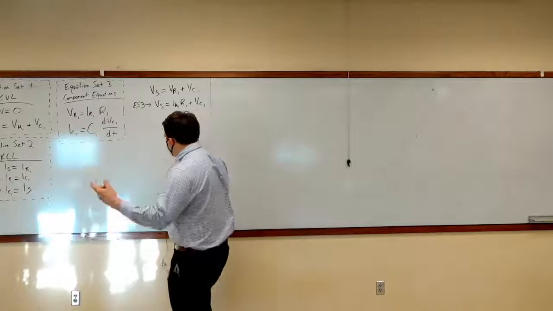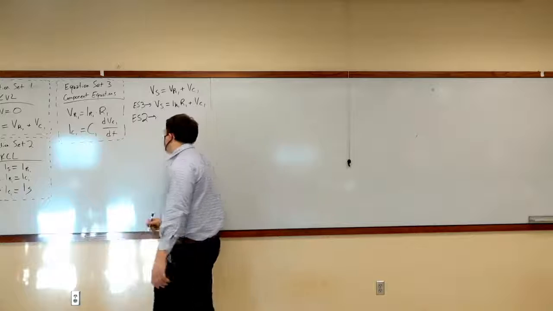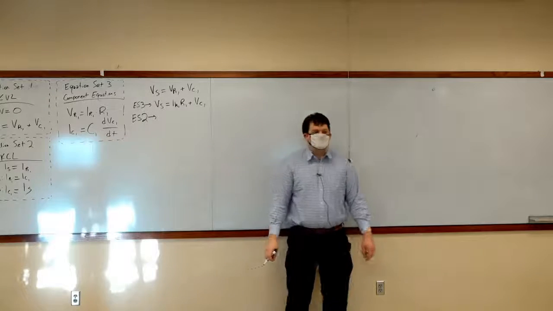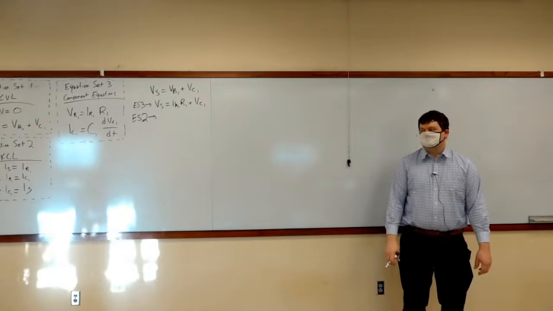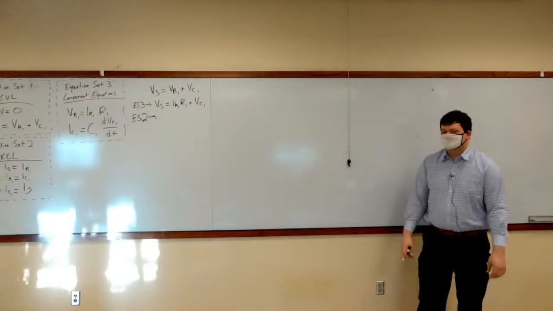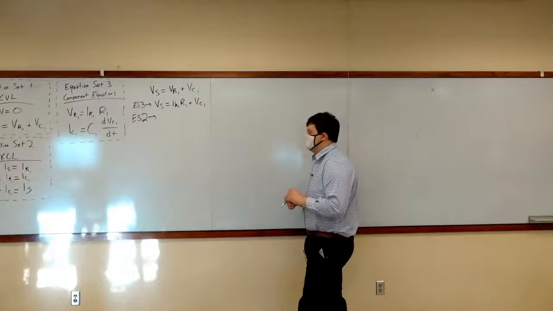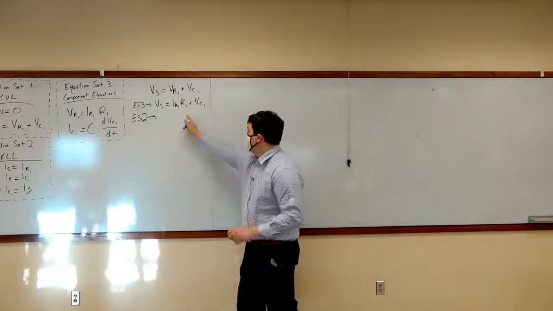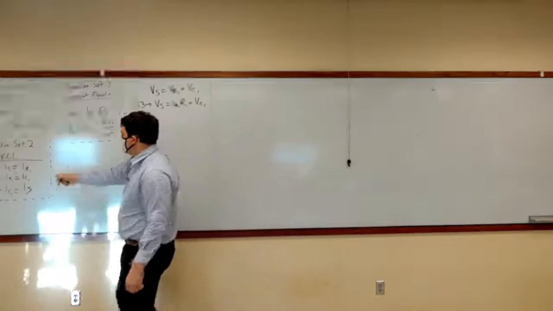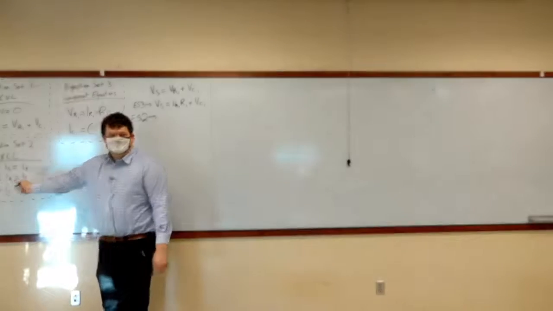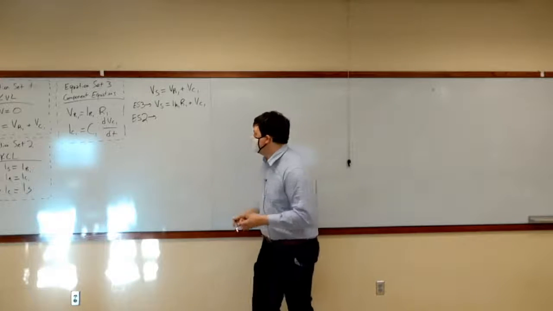Okay? Now I'm going to use equation set 2. What is special about equation set 2? Where can I use that in the equation? I can change the IR1 value. If I change IR1, I can actually change it to IC1, which gets us one step closer to being able to define that in terms of VC.